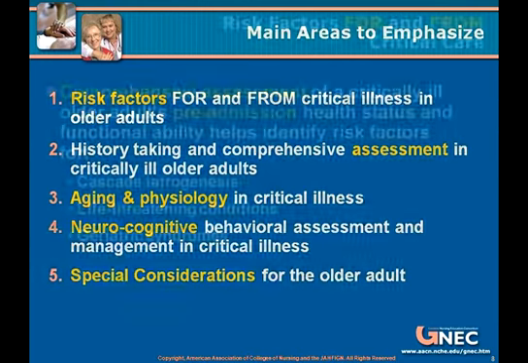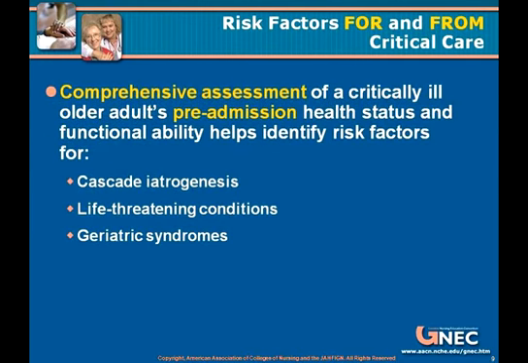Okay. Comprehensive assessment of a critically ill older adult's pre-admission health status and functional ability really help identify their risk for what we call cascade iatrogenesis. Iatrogenesis is a problem that occurs during hospitalization, kind of as a result of hospitalization.